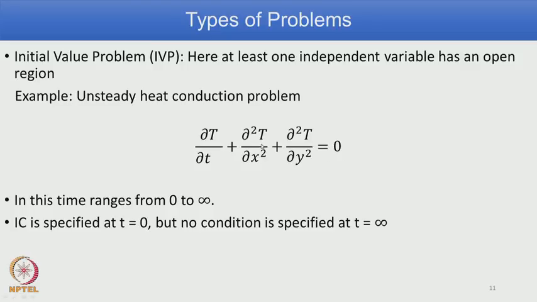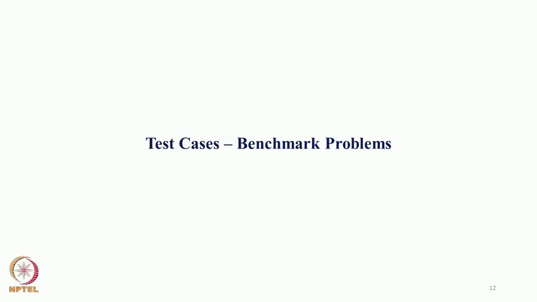The temperature is the variable here. We specify a temperature value at time equal to 0, and there is no value specified at time equal to infinity. So, that is why it is called an initial value problem. The variable has an open ended solution.